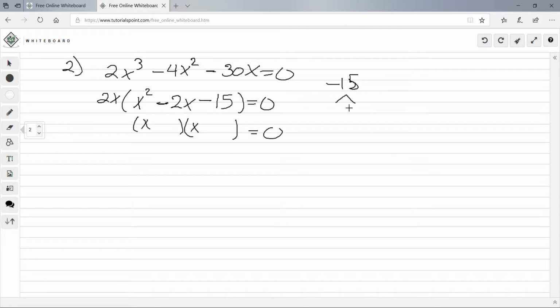Let's try negative 5 and positive 3. So negative 5 times positive 3 is negative 15. When you add those two numbers, negative 5 plus 3 is negative 2. So that works.